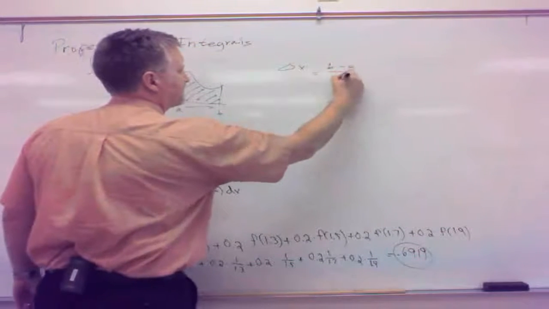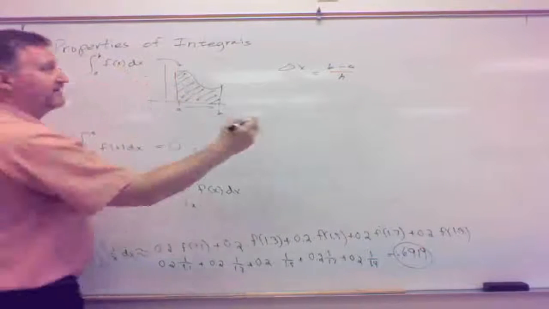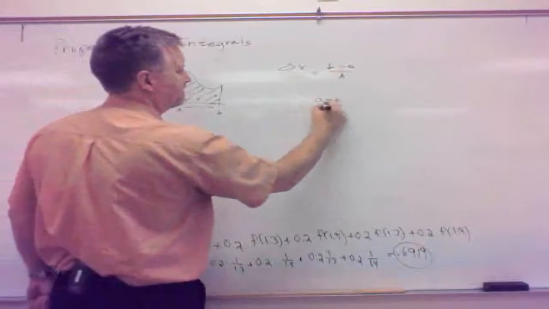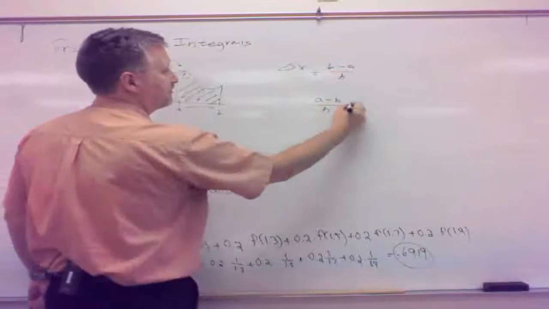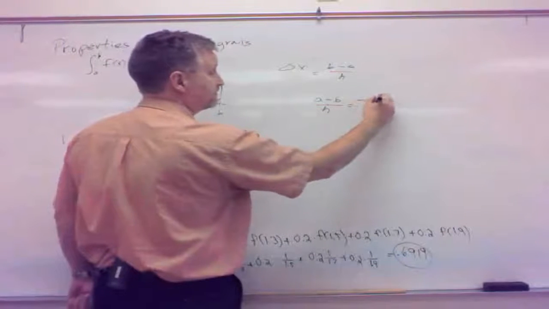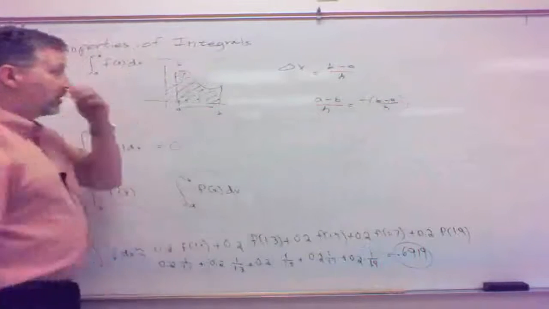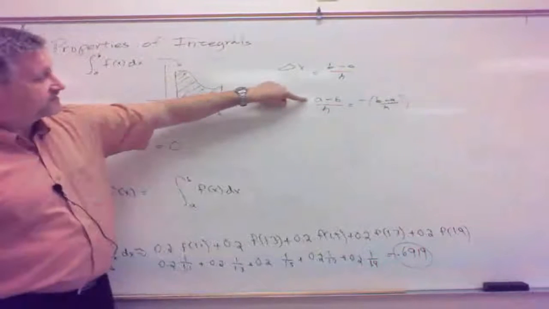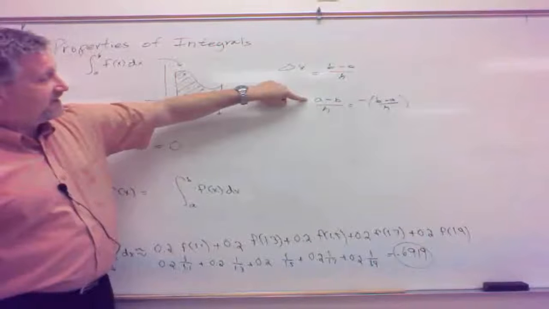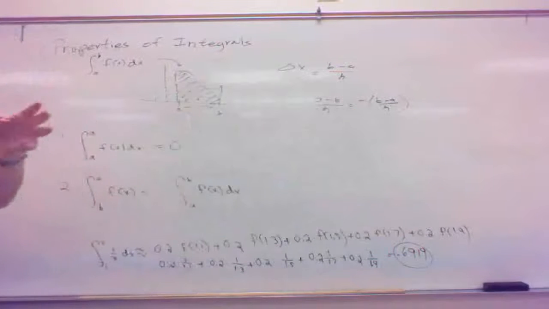And delta x, remember, delta x is b minus a over n. Well, if I switched b and a there, don't I get a minus b over n? Isn't it the negative of b minus a over n? Yeah. What changes is this delta x is now a negative, instead of delta x being a positive.